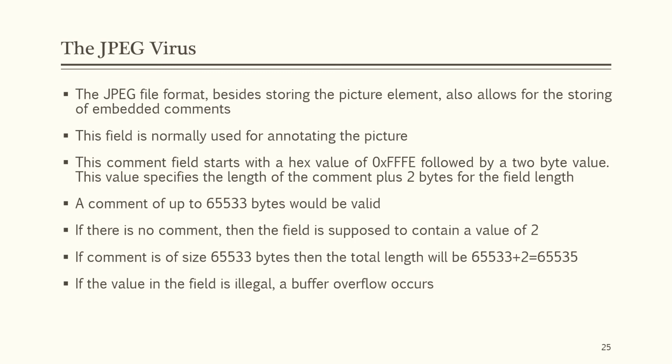If the value in the field is illegal, a buffer overflow occurs. Now consider how the JPEG file is read. It turns out that the code is used to interpret the JPEG data and turn it into a viewable picture. It normalized the length by subtracting off the 2 bytes before it read out the actual comment. If the length byte was set to 0, subtracting off 2 yielded a length of -2.